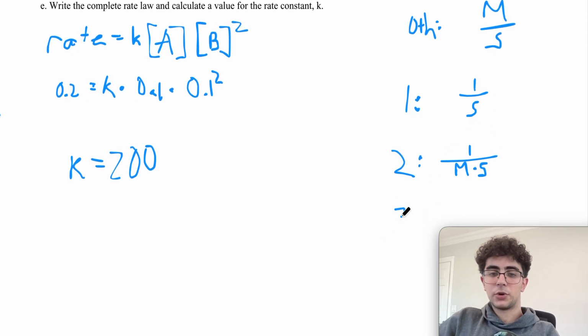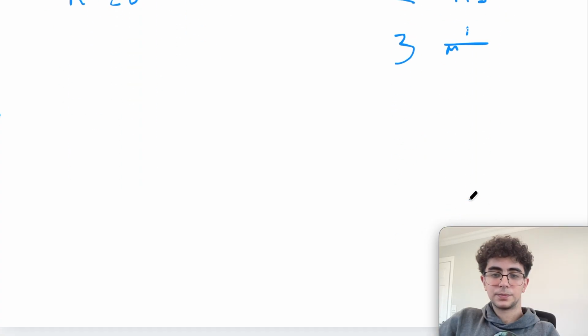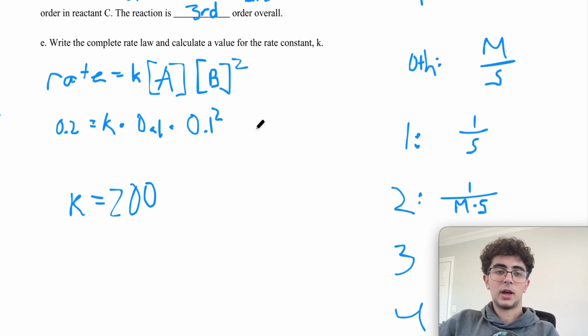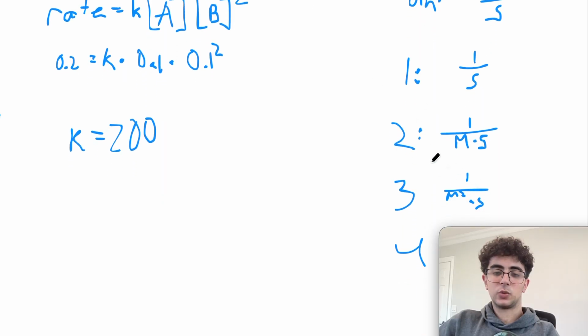So that means for third order, it would be 1 over molarity squared times s, and so on. Fourth order would be 1 over molarity cubed s, and so on and so forth. So here we have overall third order, so the units for k are 1 over molarity squared second.